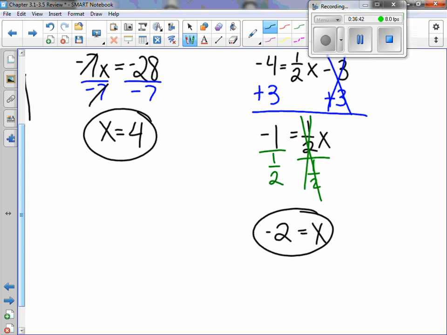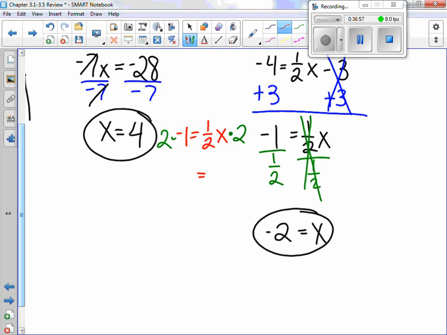Now, with fractions, it works out. What we could have done also is multiplied both sides by 2. Because 1 half times 2 would give me 2 over 2x, yes? Well, 2 times negative 1 would be negative 2.